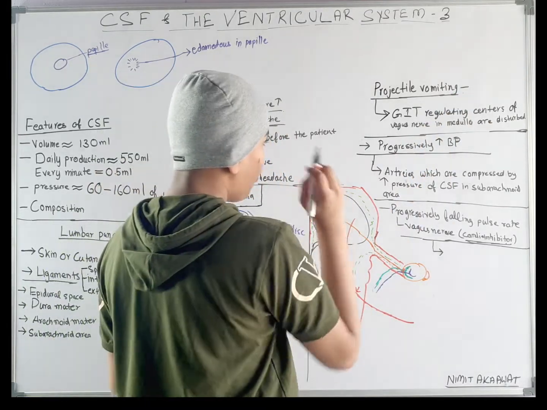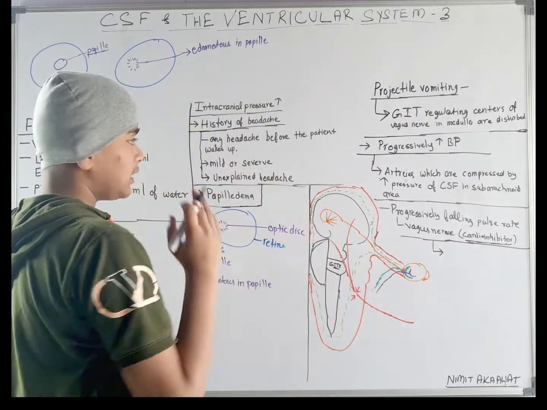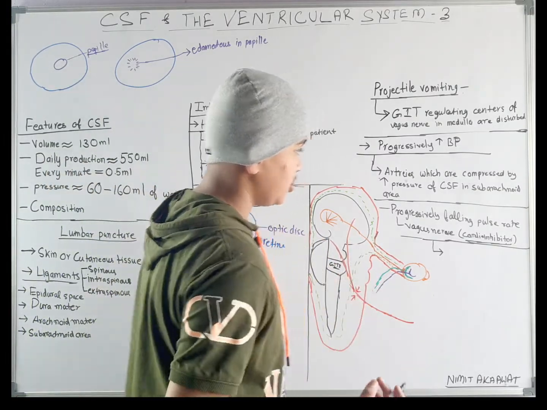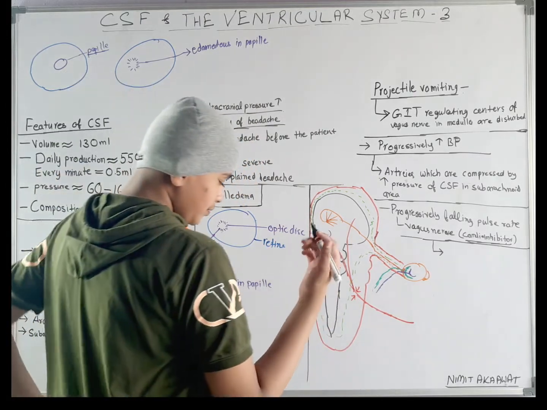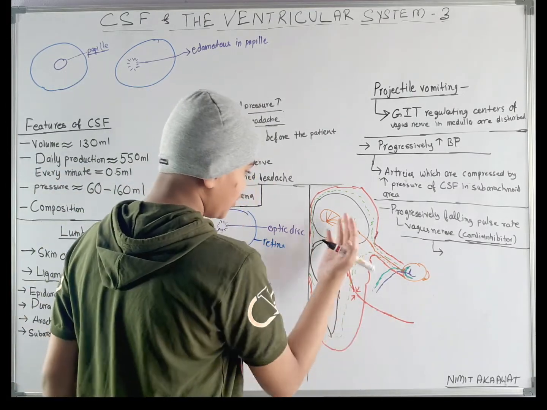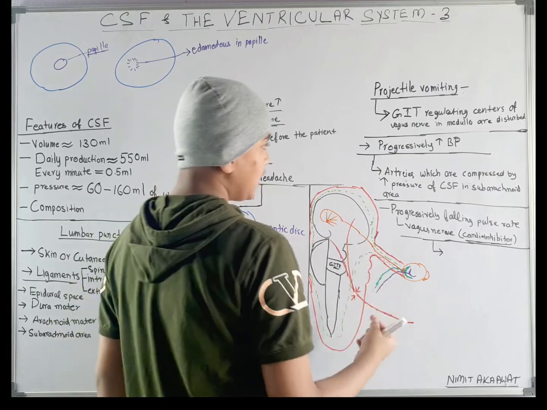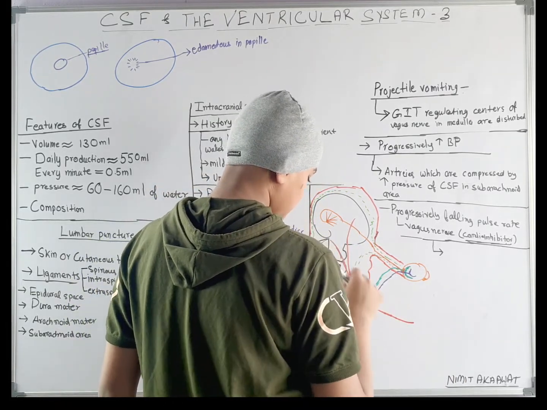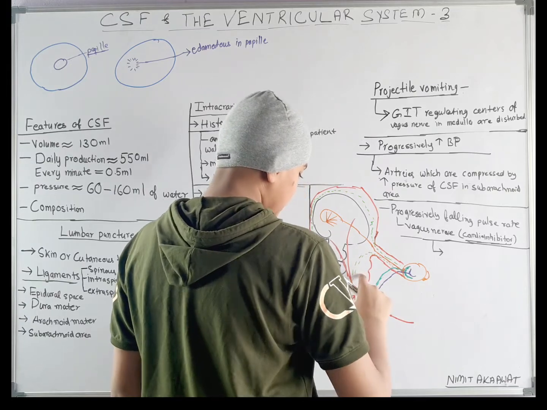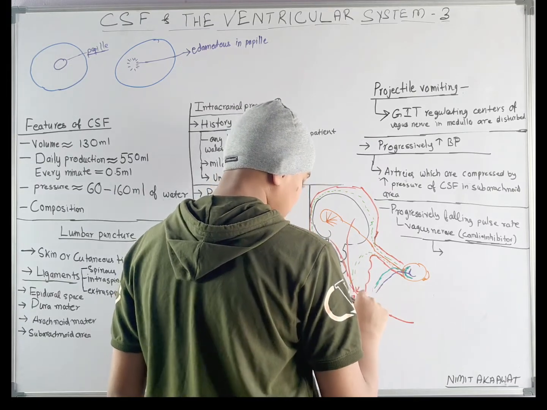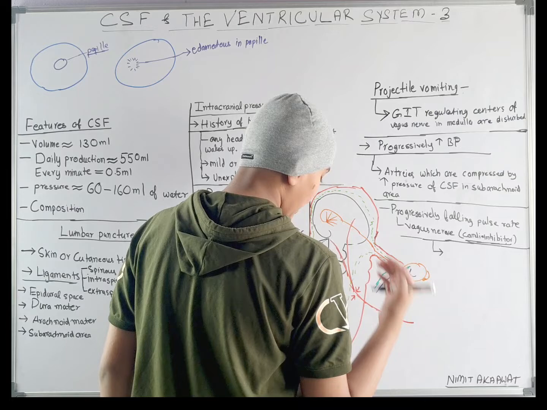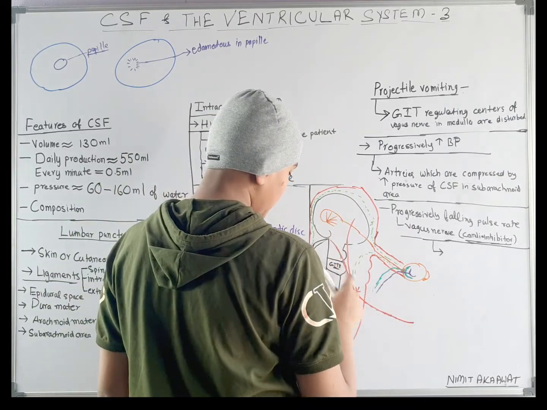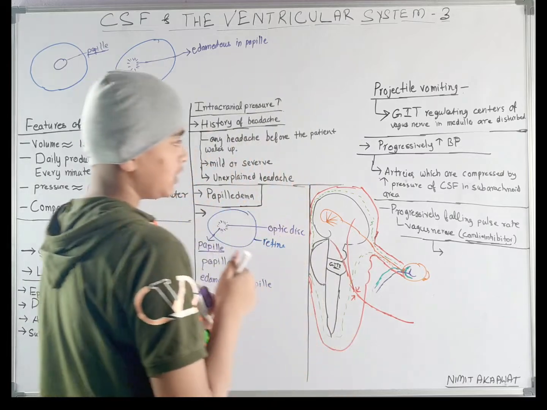Then the fourth factor of high intracranial pressure is progressively increasing blood pressure. To supply the blood to our central nervous system, arteries have a high blood pressure, because if arteries do not have a high blood pressure, then CSF will compress the arteries, and these cerebral arteries will not be able to supply the blood to our central nervous system.